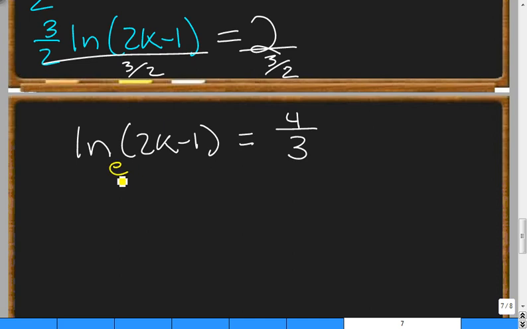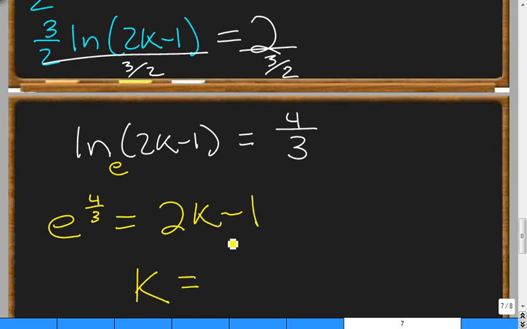So we're going to say e, which is the base of the natural log, e to the 4/3 equals 2k minus 1. And so if we were to solve for k, you would add the 1 over and divide by 2. So you'd have e to the 4/3 plus 1 over 2.